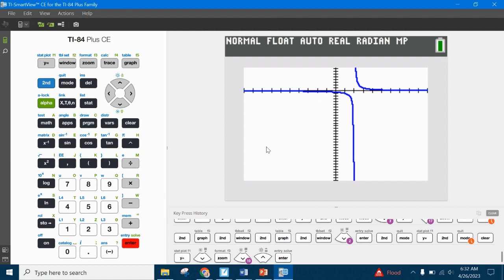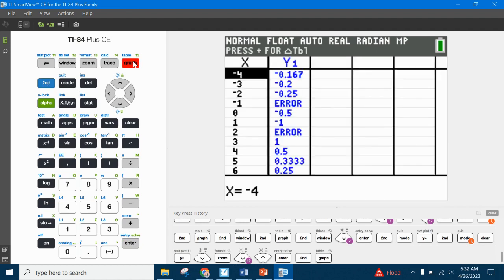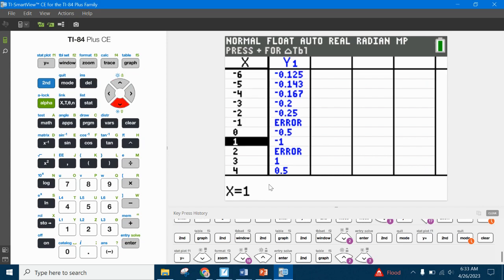So graphs can be hit or miss, but now that we have the function typed in, we can go to a table. To get there, we're going to go to second table, and here we got some x and y values. You can scroll up and down if you want to see different values. This is what it will autofill in your table. It'll go up by integer amounts. And when we look at negative 1, we see we have an error. And then we jump all the way to negative 2 and negative 0.5.